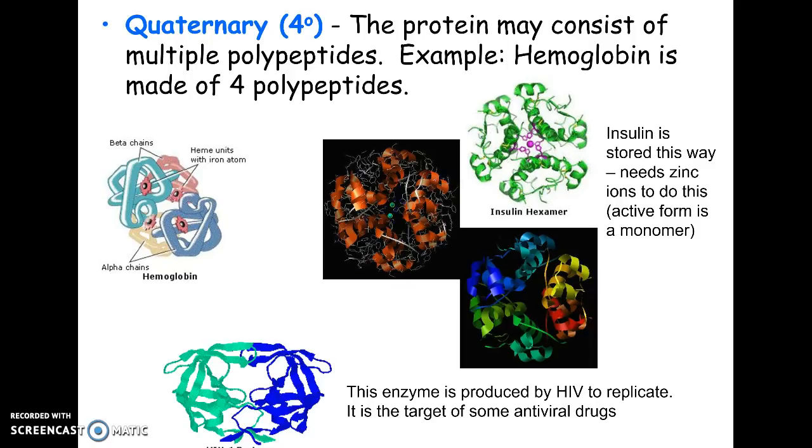So what you're going to do to simulate this is you're going to hook everybody in your group, you're going to hook your proteins together and simulate a quaternary structure for your protein. Again, not every protein has one. Some proteins, their final level is tertiary. They're made of just one chain. But there are several proteins that are made of 2, 3, 4, or 6 chains all hooked together.